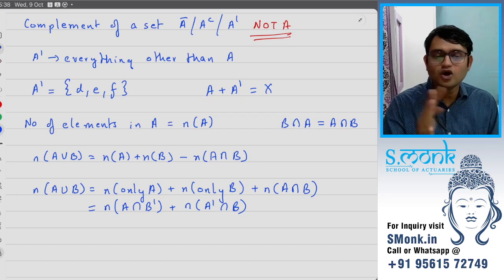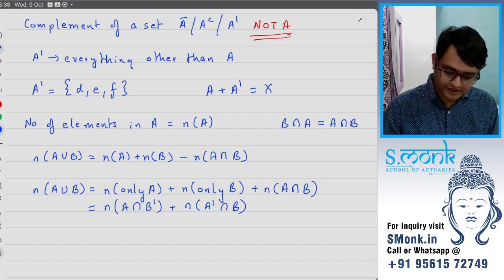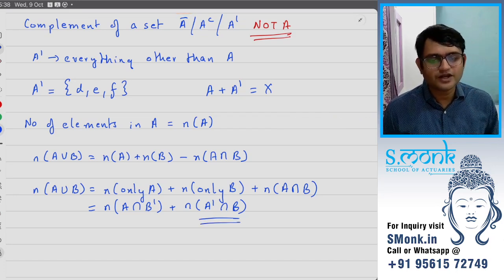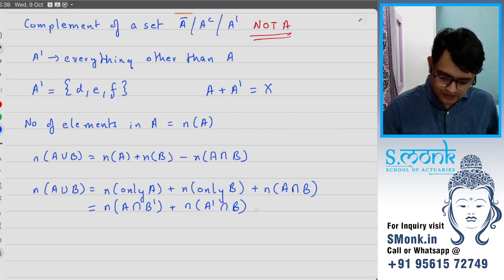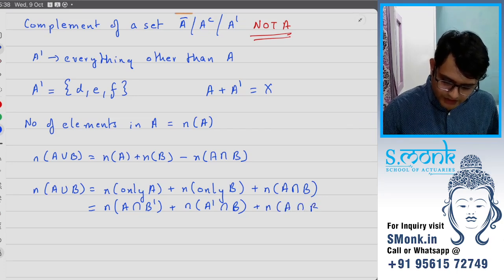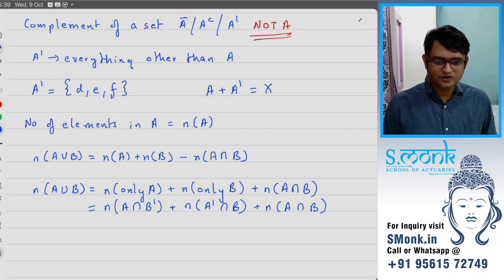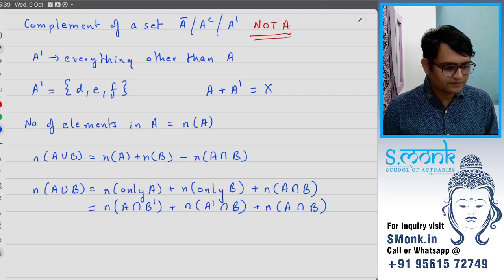Similarly for union, the order of the sets will not matter. So I prefer writing them in alphabetical order, it's just easier. And then plus I will have A intersection B. This is another way of writing the same thing, that is A union B.